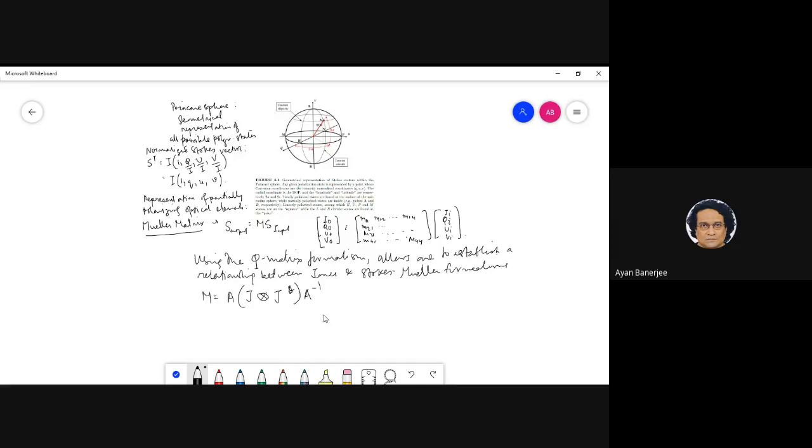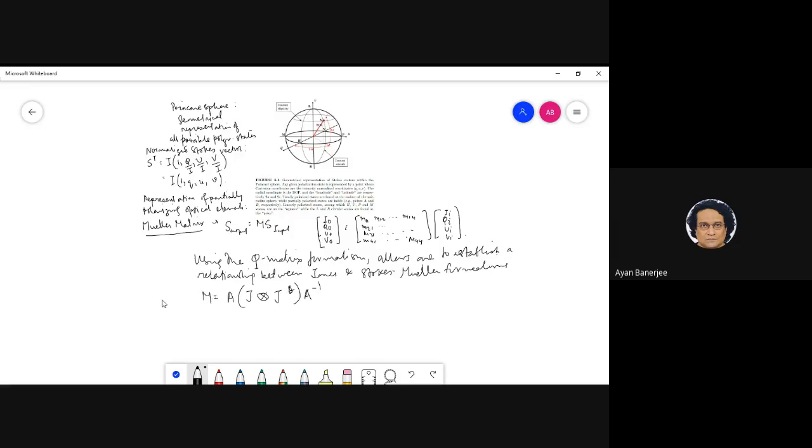This is very crucial. A tensor product between the Jones matrix and its J star. You can basically find out any Muller matrix from whatever Jones matrix you have. Okay, so if you take a polarizer, a retarder, anything, you can just construct this Muller matrix by using this. This is a very important relationship.